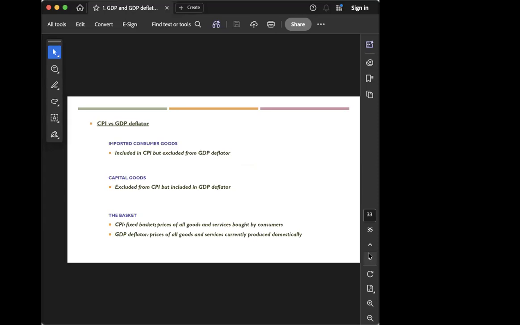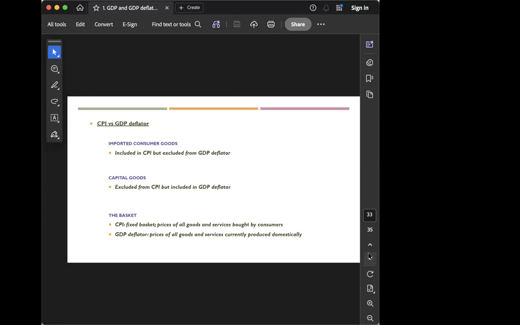For example, if American consumers are buying imported goods, those goods can affect CPI, but they are not included in US GDP because they were produced abroad. The second difference is capital goods. Capital goods are excluded from CPI because CPI only focuses on consumer goods and services, but they are included in the GDP deflator.